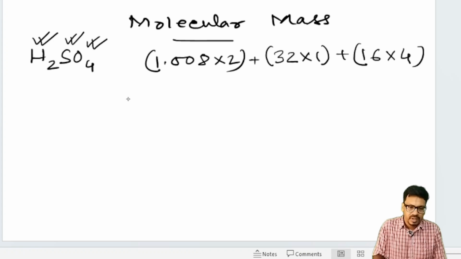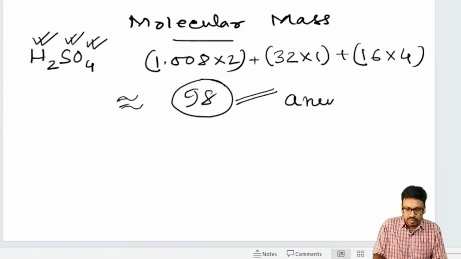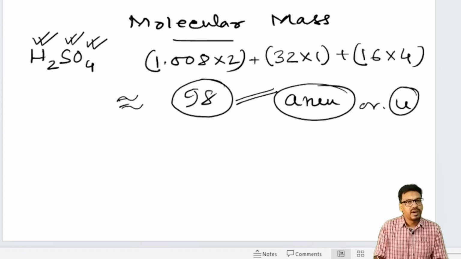Okay, we can calculate, this is nearly equal to 98. Clear? So this is the molecular mass of sulfuric acid, and the unit is the atomic mass unit, this is AMU or U, unified mass. Clear? This is the molecular mass.